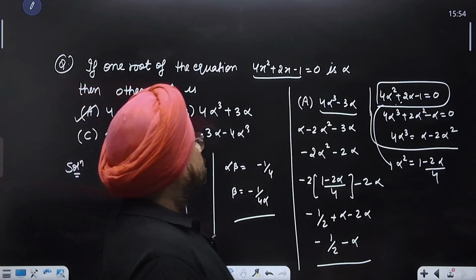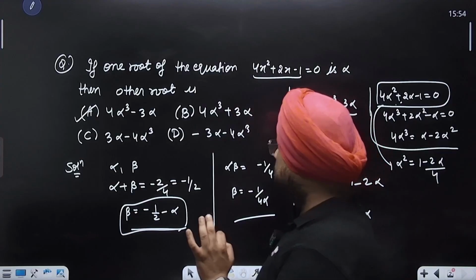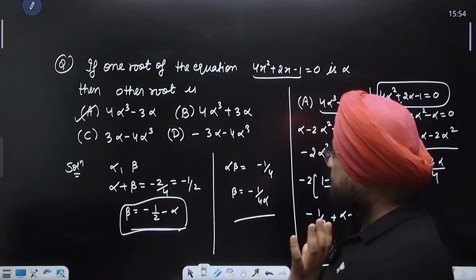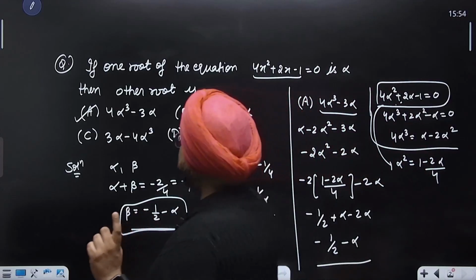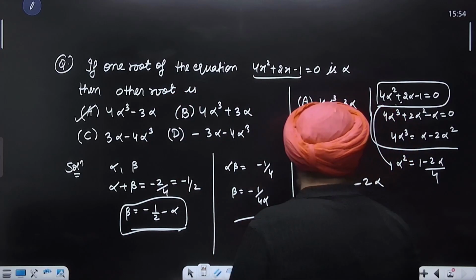Another way of dealing with this problem is using trigonometry. If you have got the slightest idea of trigonometry, multiple angles, and the value of sine 18 degree, sine 54 degree, then you can do this problem using trigonometry. Let's have a look at that.